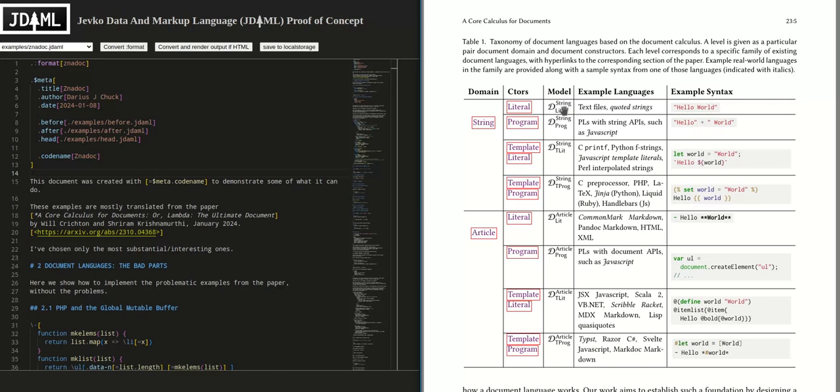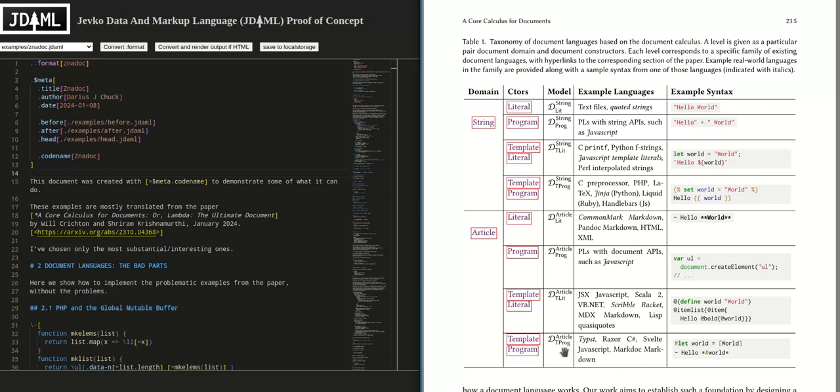The least sophisticated being just string literals, and the most sophisticated is called a template program in the domain of articles, I suppose the fully qualified name of this would be.